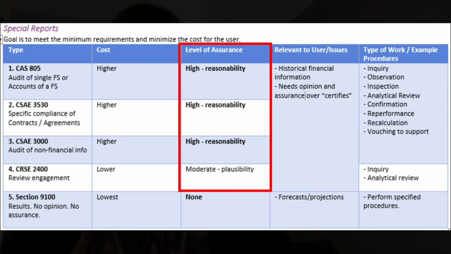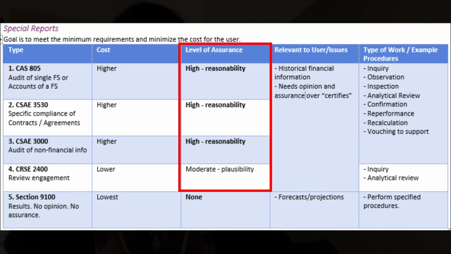So the difference between plausibility and reasonability is that the conclusion for plausibility is not an opinion. It is a conclusion that nothing has come to the practitioner's attention that would cause them to believe that the FS do not present fairly in all material respects according to the accounting framework. Versus for reasonability, the conclusion is the opinion on whether the FS is prepared in all material respects in accordance with that accounting framework. For plausibility, the cost is lower.